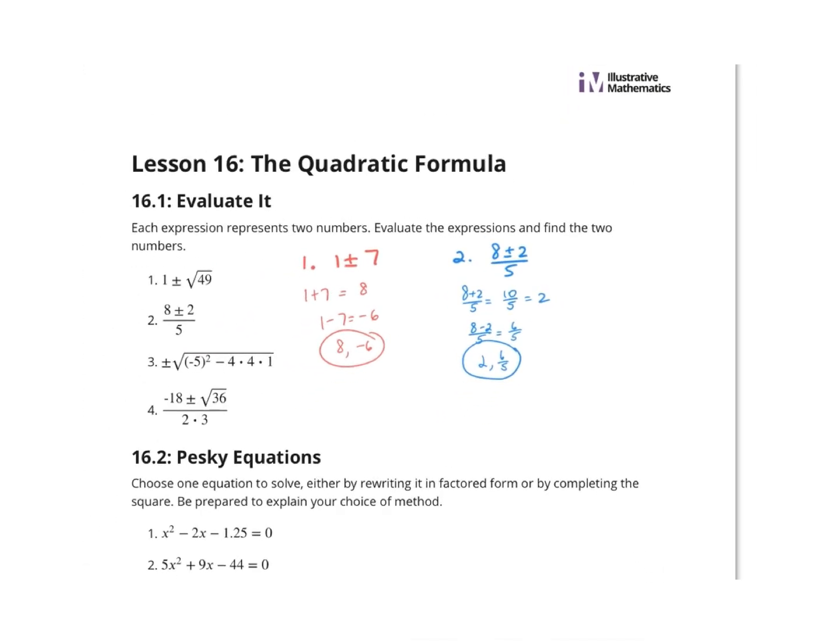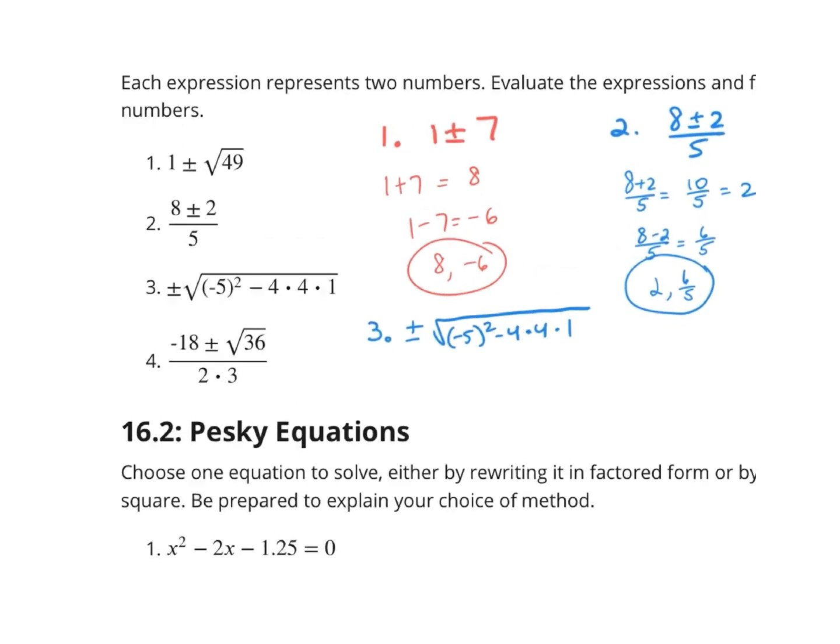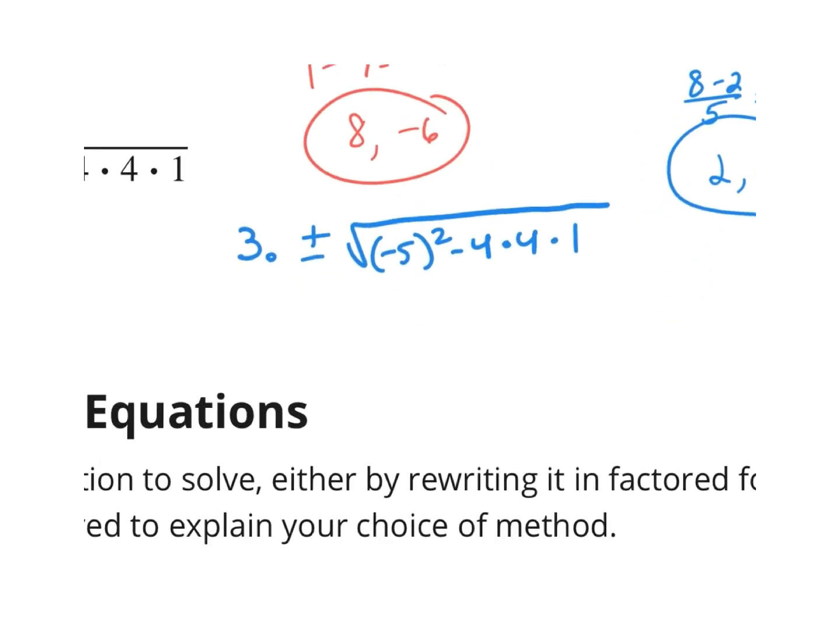Okay, let's look at number 3. So for number 3, we have plus or minus the square root of negative 5 squared minus 4 times 4 times 1. So what I'm going to do first is go through my order of operations. So order of operations says I do exponents first.